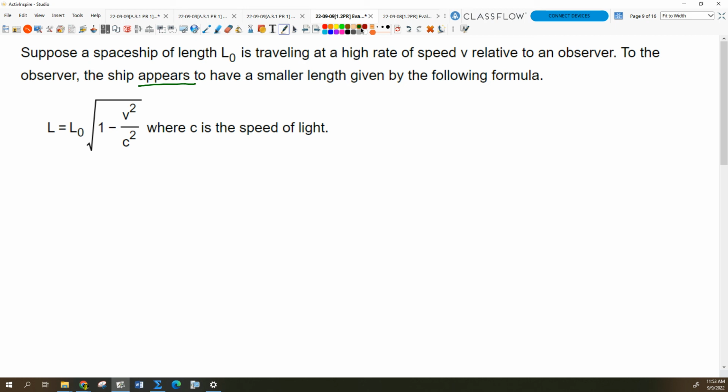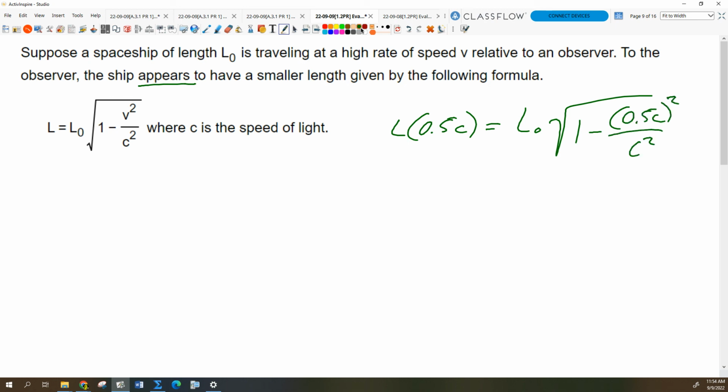Well, what do they ask us to do here? They ask us to plug in some values of v, right? Like if I did half the speed of light, that would just be 1/2 c that I would plug in. If you're traveling half the speed of light, I would get L of 0.5 c is equal to my original length times the square root of 1 minus 0.5 c squared over c squared. 0.5 c squared is just 0.25 times c squared, right?